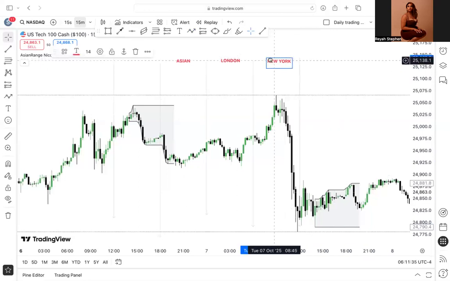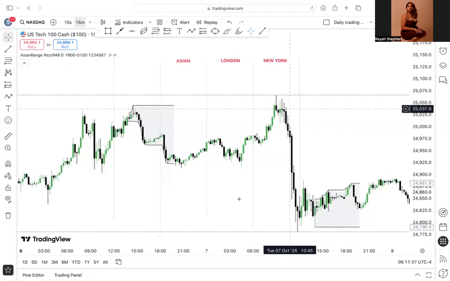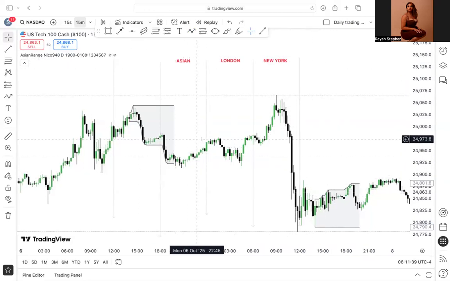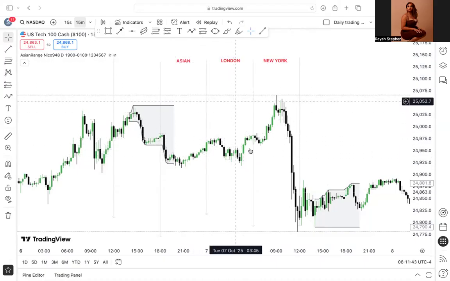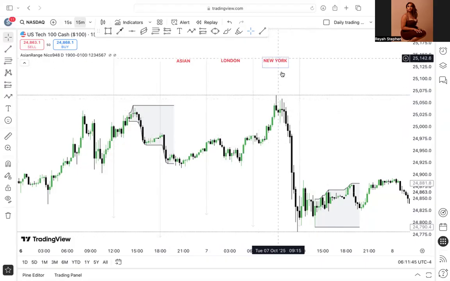Okay. So accumulation, manipulation, but can you see how the manipulation from the London carries over into some of the New York, right? Carries over. But this is what we call a fake out. So it likes to draw on liquidity from previous session highs or lows to be able to then fuel up. Yeah, the market needs to fuel up.